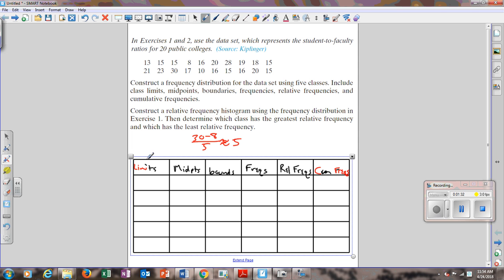Okay, whenever we look at limits, remember we start with the lowest number, 8, and the next lower limit comes from adding 5 to that number. So it would be 13, 18, 23, and 28.